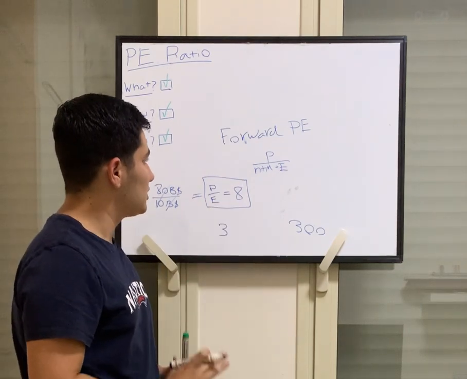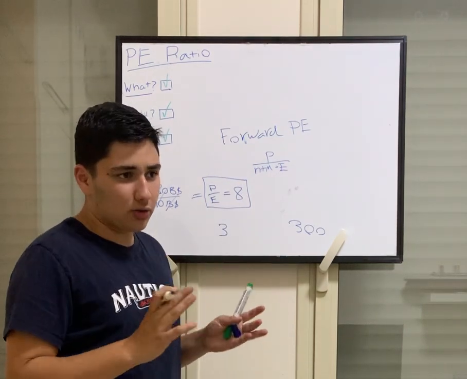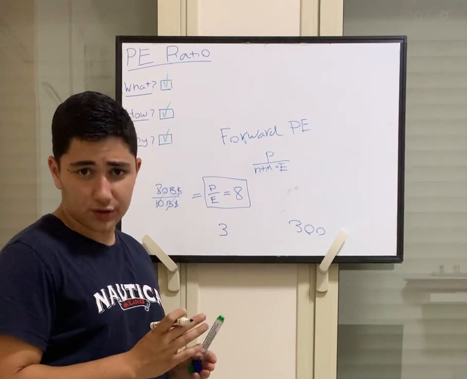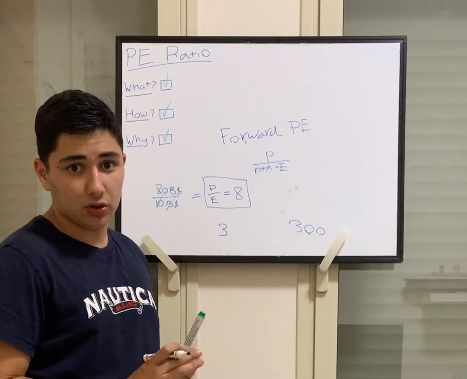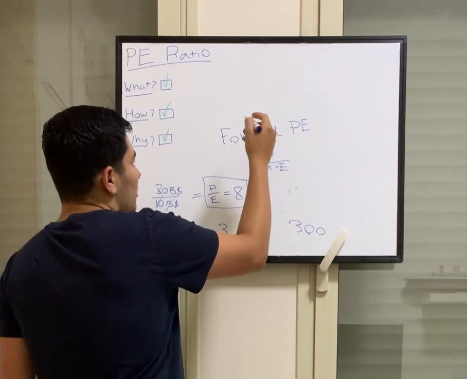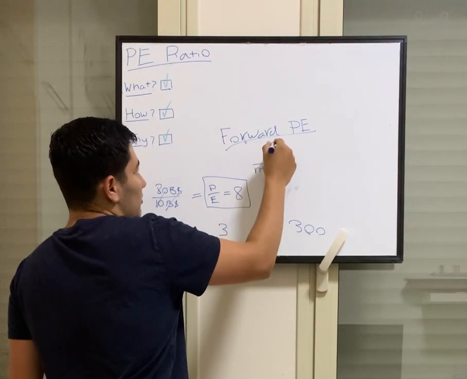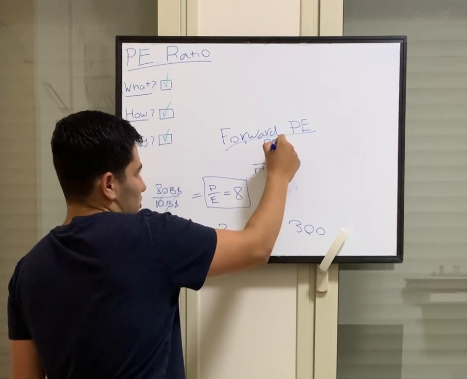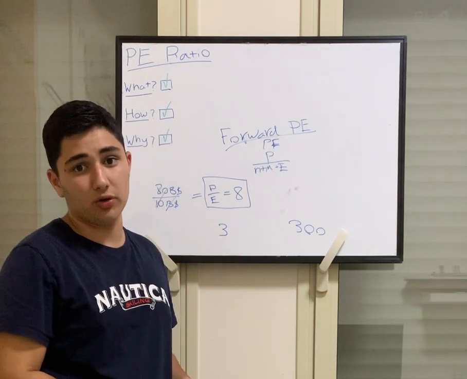These are estimates. So if we expect great growth from a company, usually the forward PE is much lower than the current PE. And that's also another way that you can see, by dividing forward PE by PE, how much analysts think the company is going to grow.